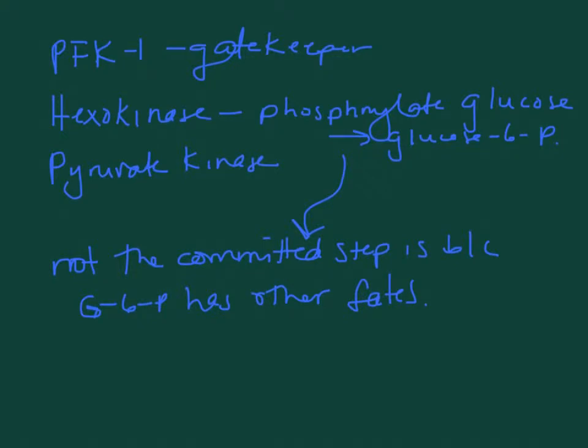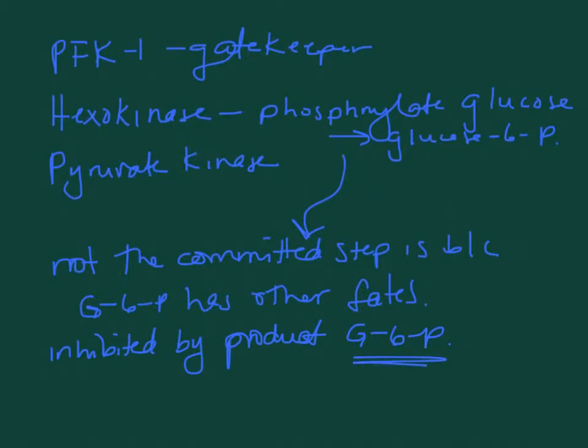So hexokinase is inhibited by its product, glucose 6-phosphate. Now, high concentrations of glucose 6-phosphate signal that the cell no longer requires glucose for energy or for the synthesis of glycogen, which is a storage form of glucose.